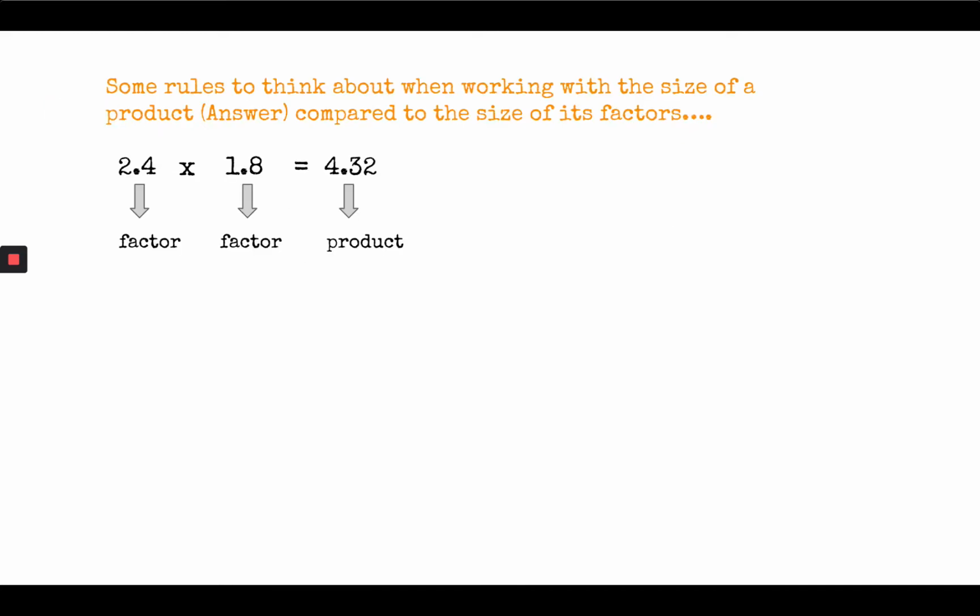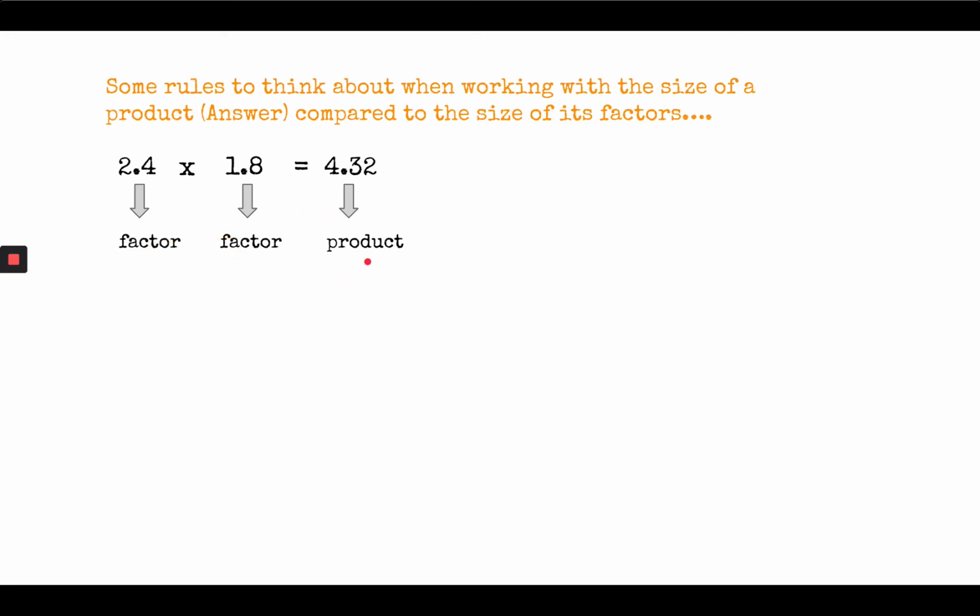Let's go over some rules to think about when working with the size of a product, or answer, compared to the size of its factors. So here's a little refresher, okay? This part of a multiplication problem is called a factor. That's your multiplication sign. You've got another factor, your equal sign, and then your answer. And your answer is called the product, okay? Factor, factor, product.